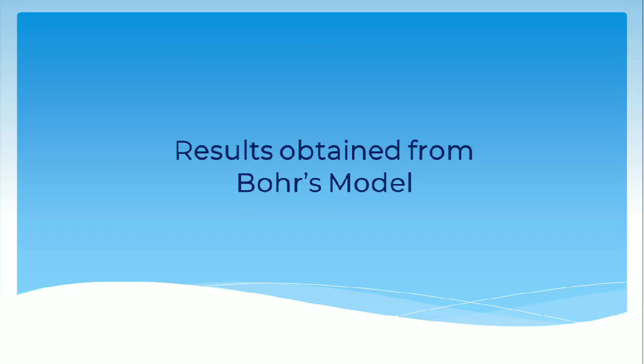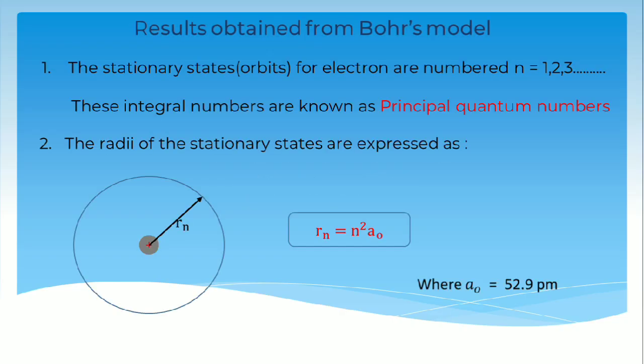Now, what are the results obtained from Bohr's model of the atom? First, Bohr proposed that electrons exist only in certain fixed orbits around the nucleus.